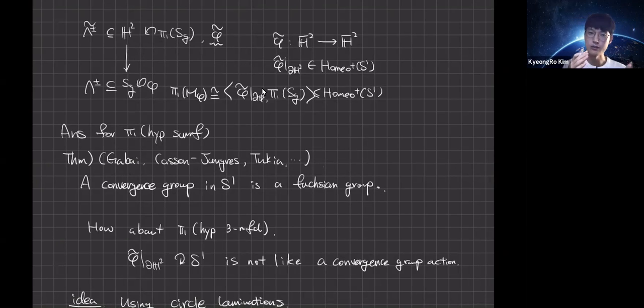This geodesic lamination is preserved by deck transformations, and obviously is also preserved by the lifting of the pseudo-Anosov element. So this pi_1 of M_phi, the fundamental group of the hyperbolic mapping torus, also preserves this geodesic lamination on the hyperbolic plane.